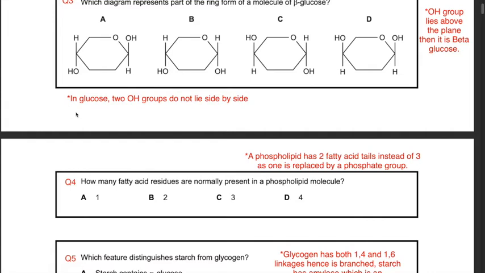Hence, considering between answers A and D. Answer D is obviously incorrect because in answer D there are 2 OH groups lying side by side. However, in a molecule of glucose, there shouldn't be any 2 OH groups lying side by side at carbon 1 and at carbon 4. Therefore, D is incorrect, leaving us with the answer being A.